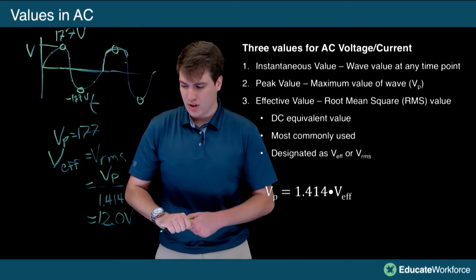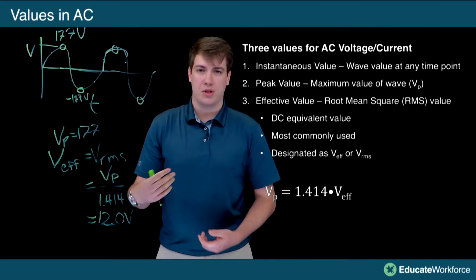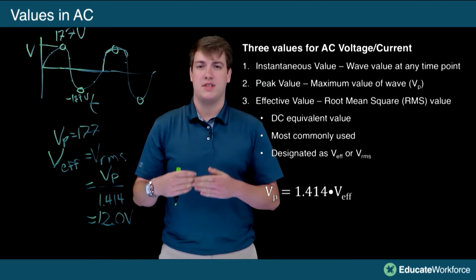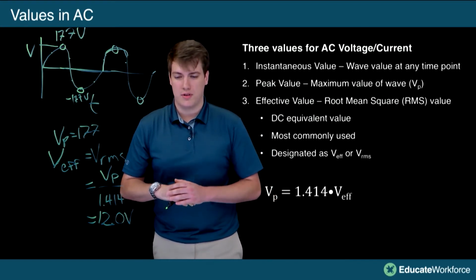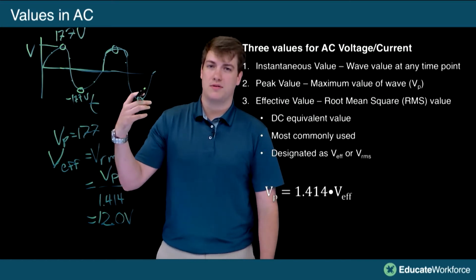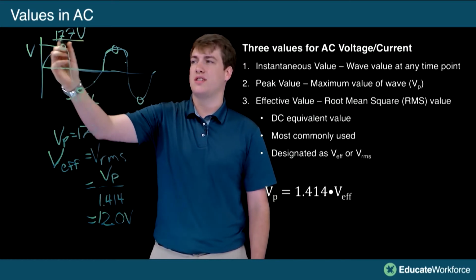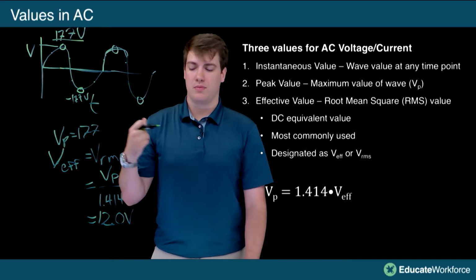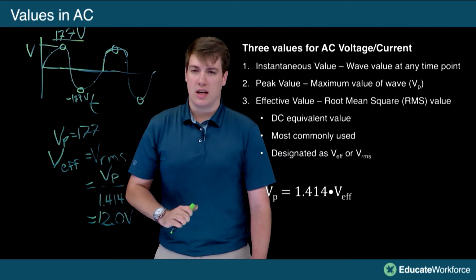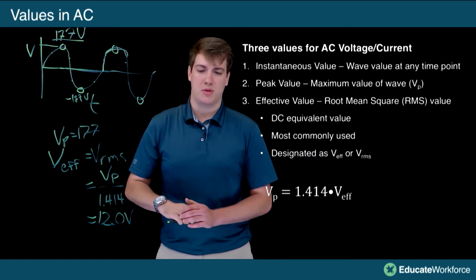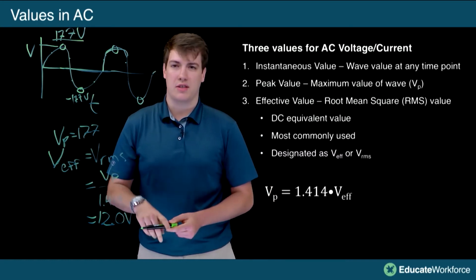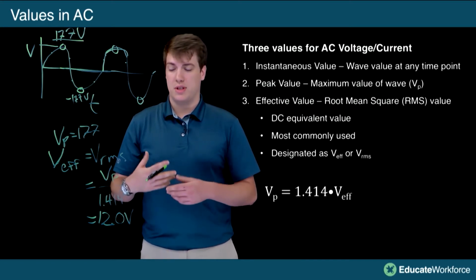When you're told that there are 120 volts in an outlet, that is the effective voltage. That is the RMS value of your outlet. But the peak value of the voltage coming out of that outlet is this 177 volts. So anytime we're given a value, we can use this pretty simple relationship to transform between the two. You can go the opposite direction too: if you're given the effective voltage, then you know the peak voltage.